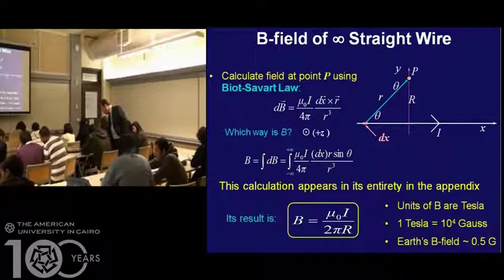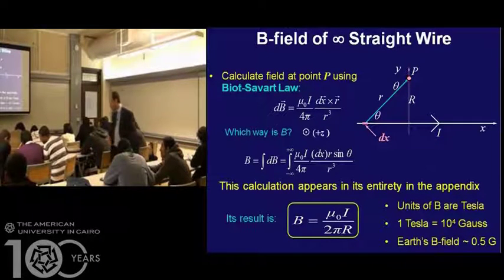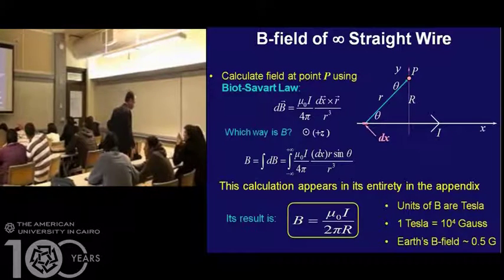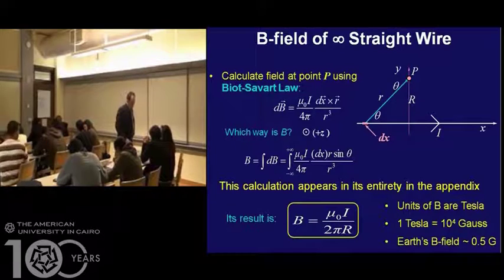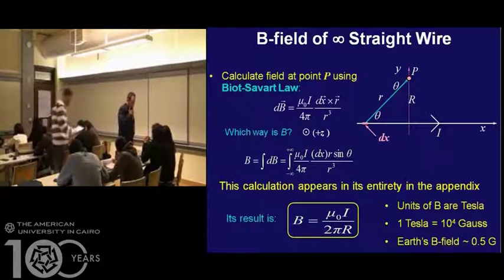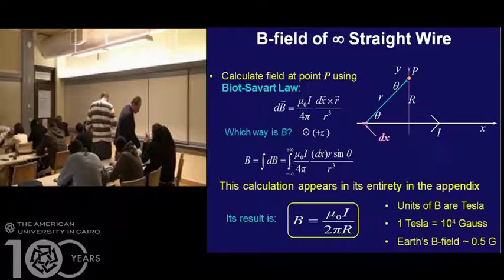But the trick here is to convert the dx into d theta. Actually, it's better if you do this dx and convert it into d theta. Somehow play on having that dx in the form of d theta.